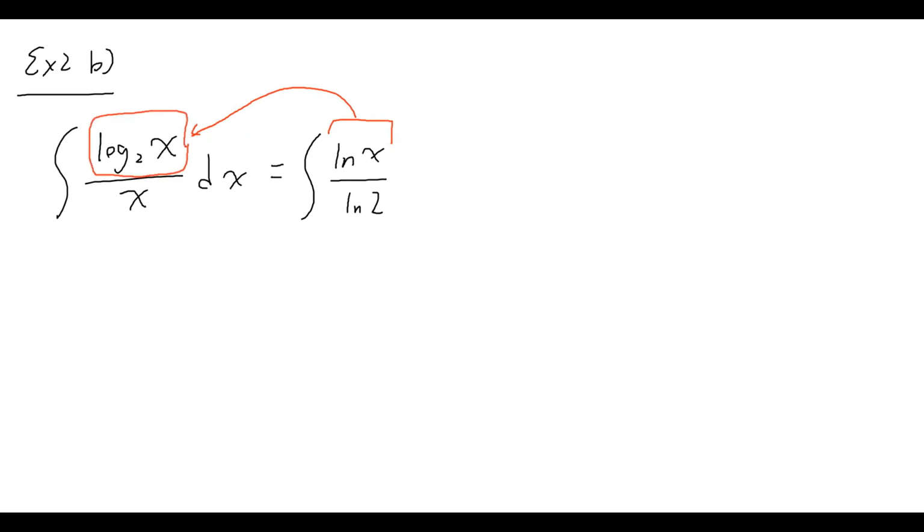Okay, and then we need to multiply by another 1 over x, because of this x right here, dx. All right, so let's see what we have. Let's clean this up a little bit, bring out the ln of 2 in the denominator. So we have 1 over ln 2 multiplied by the integral of ln x over x dx.